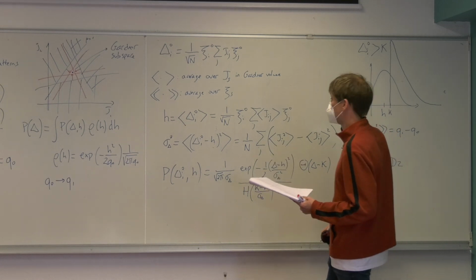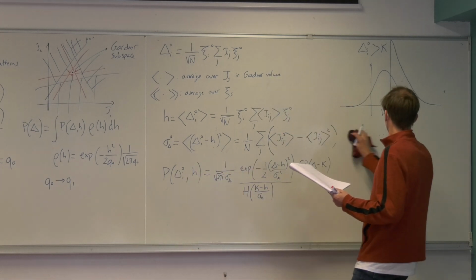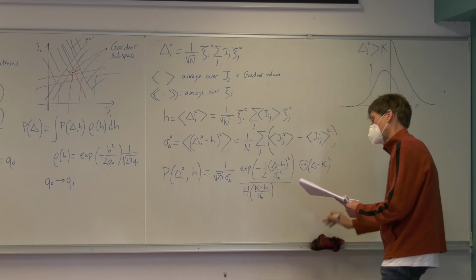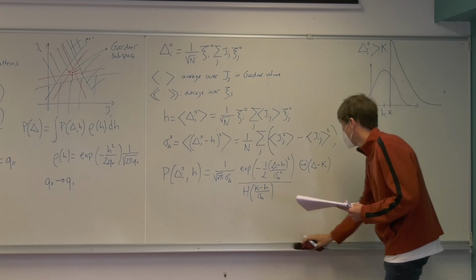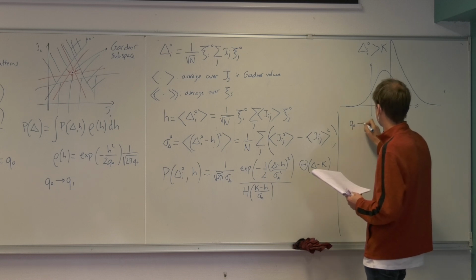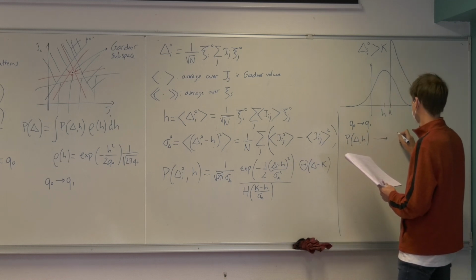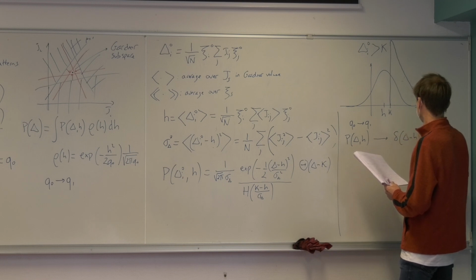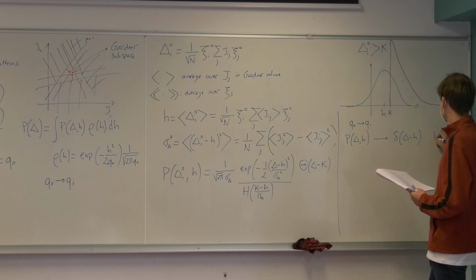So let's see how this distribution looks in that limit, with Q0 going to Q1. P of delta H will converge to a delta function, delta minus H, if H is larger than kappa.